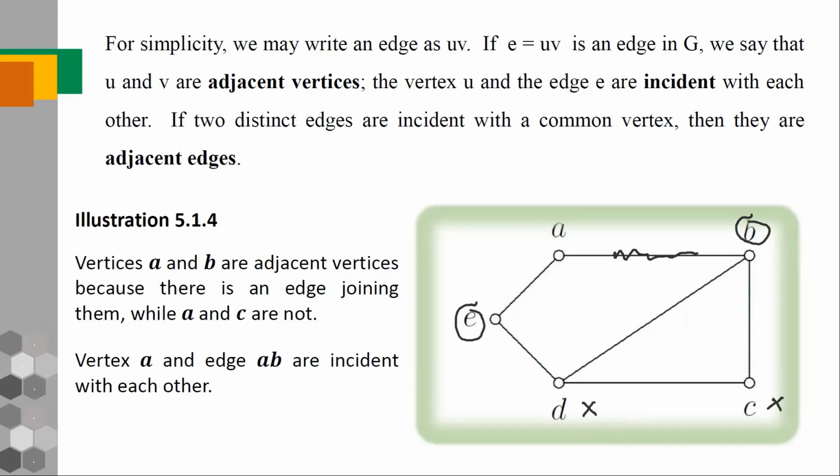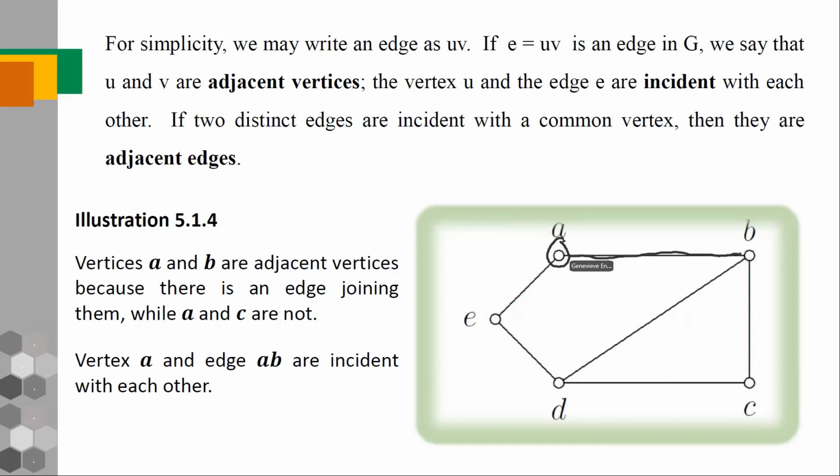Okay, so, naa puy gitawag nga incident. When you say incident, ang atong gi-describe is ang edge ug ang vertex. Incident sila with each other if connected sila. Si edge is nakakonekta siya sa vertex. So for example, vertex A and edge AB, mao ni siya si vertex A, tapos mao ni siya si edge AB.